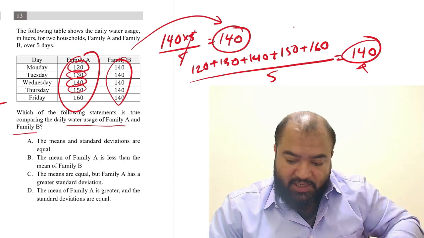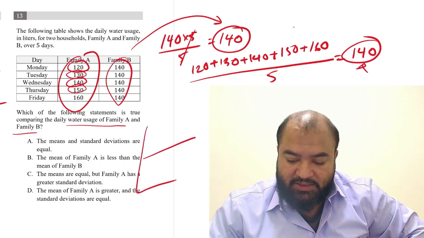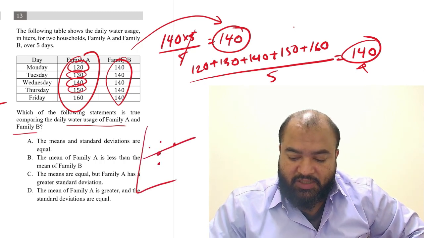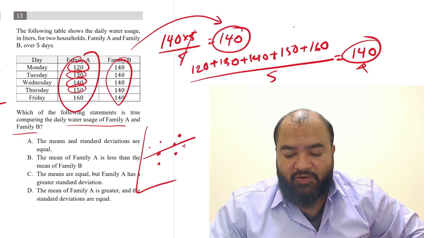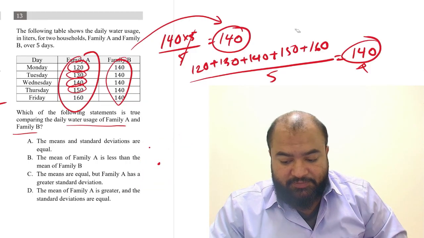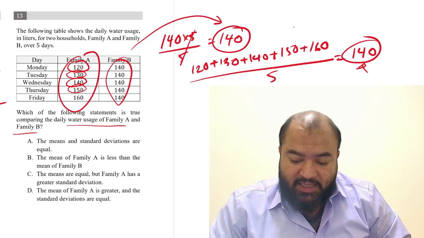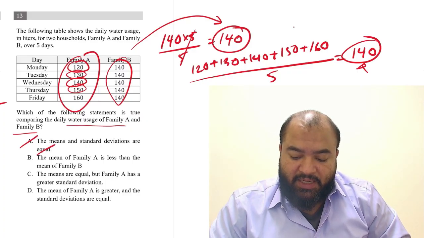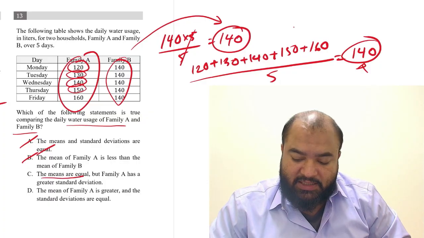It's like when you draw the line of best fit, right? Some points are close to the line, and some of them are far away from the line. So here, the mean and standard deviation, they're both equal? No. The mean is equal, they're equal.